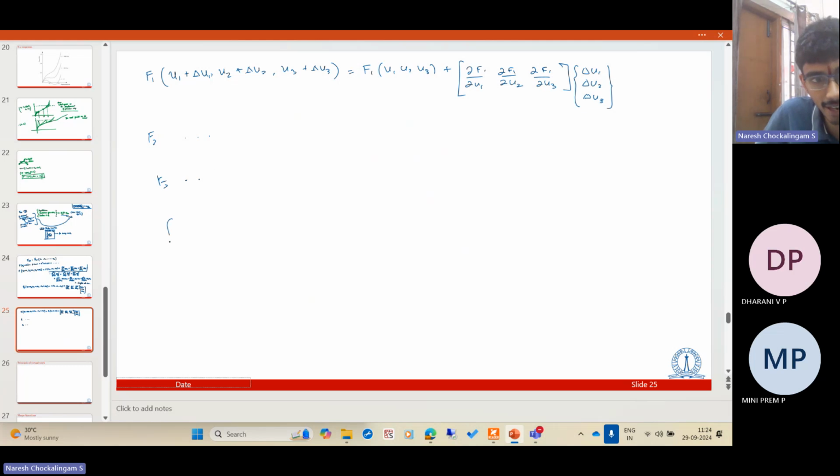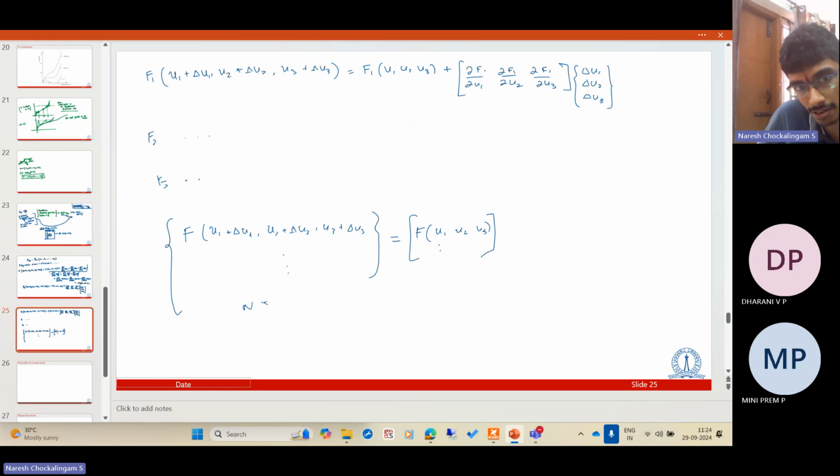So finally you can say f vector, which is a function of u1 plus delta u1, u2 plus delta u2, u3 plus delta u3. This entire vector is f of u1, u2, u3. This is also a vector. So if this is n cross 1, this is also n cross 1.